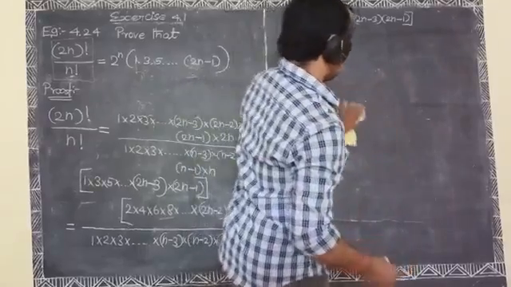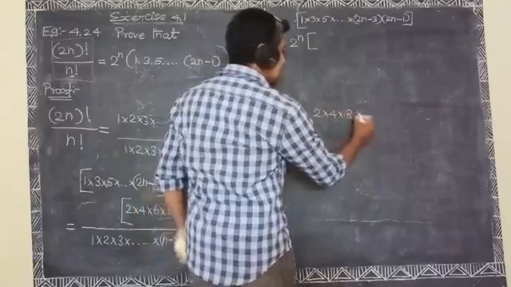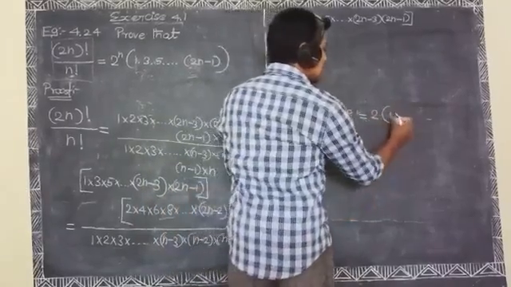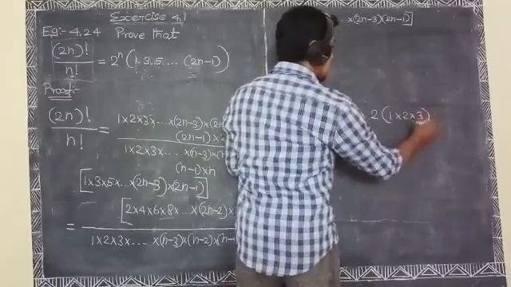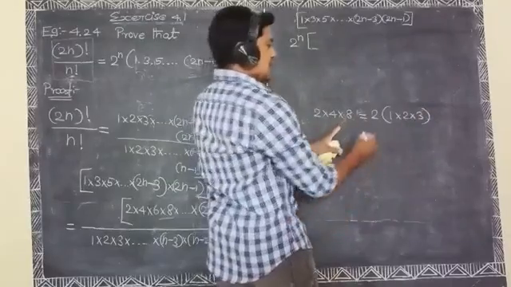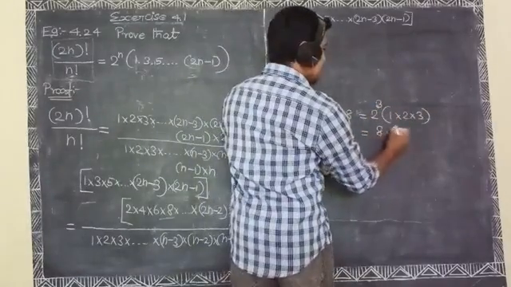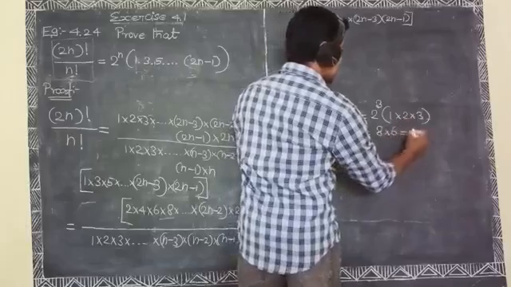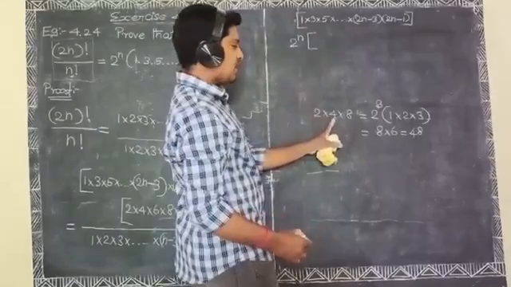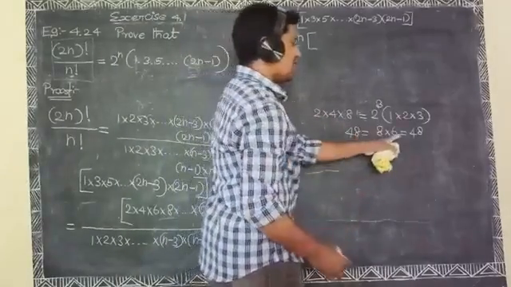Similarly, with 3 numbers, 2 into 4 into 6, taking 2 outside, is 1 into 2 into 3. With 3 terms, it means 2 power 3. Then 2 power 3 is 8, into 2 into 3 is 6, and 6 eights are 48. On the left hand side, 2 into 4 is 8, 8 into 6 is 48. Which is equal to 48.